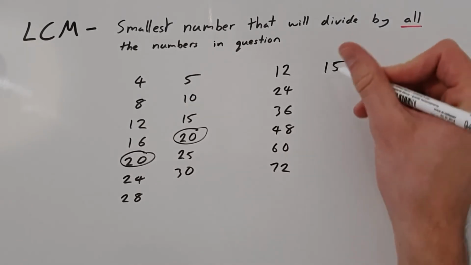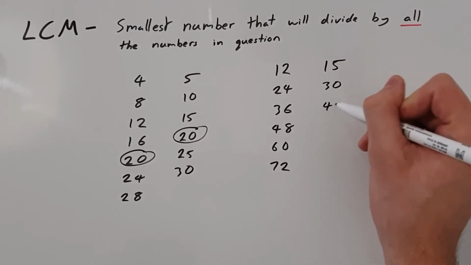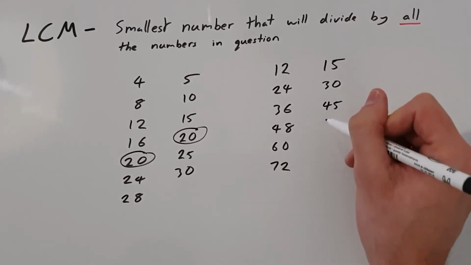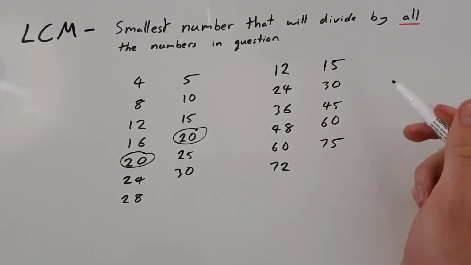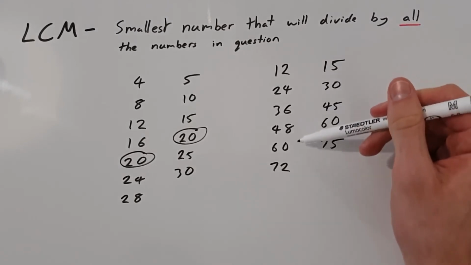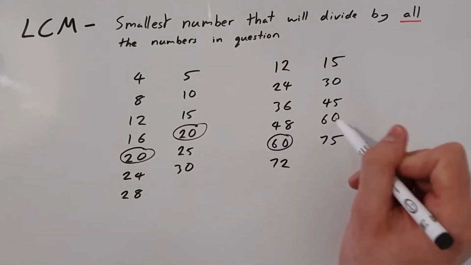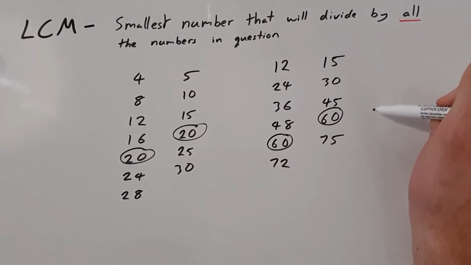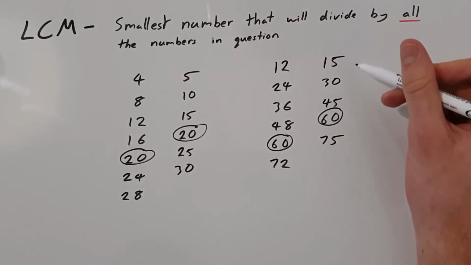And we'll pick some of the 15 times table, so we go 15, 30, 45, 60, and 75. If we look down these two lists, we find that the lowest number that is in both lists is 60. And 60 is the lowest common multiple of 12 and 15.